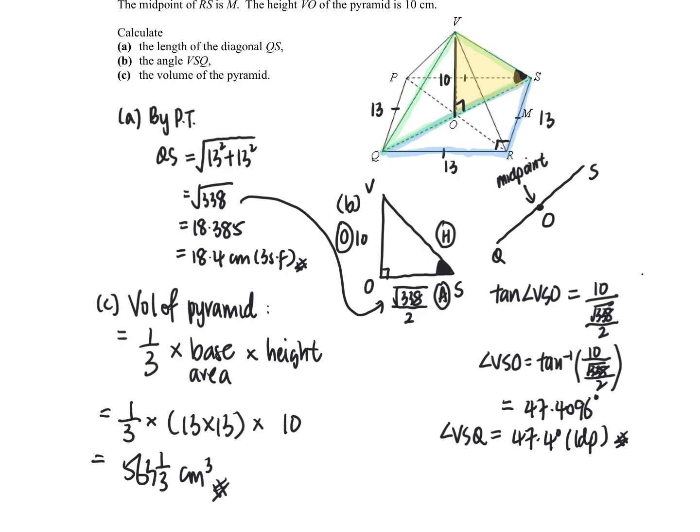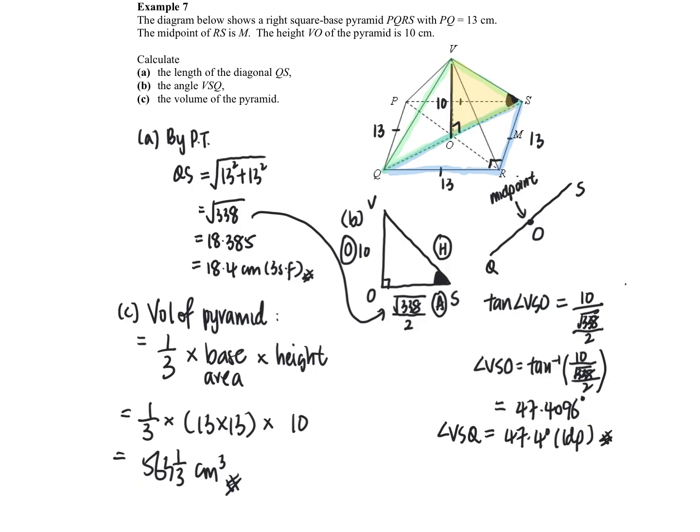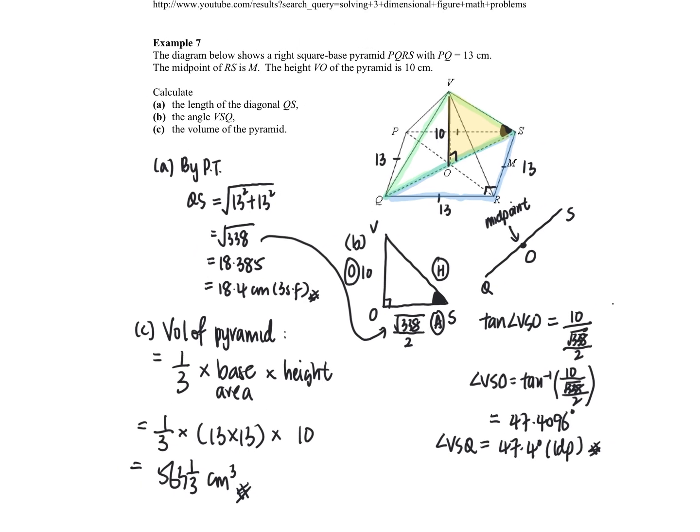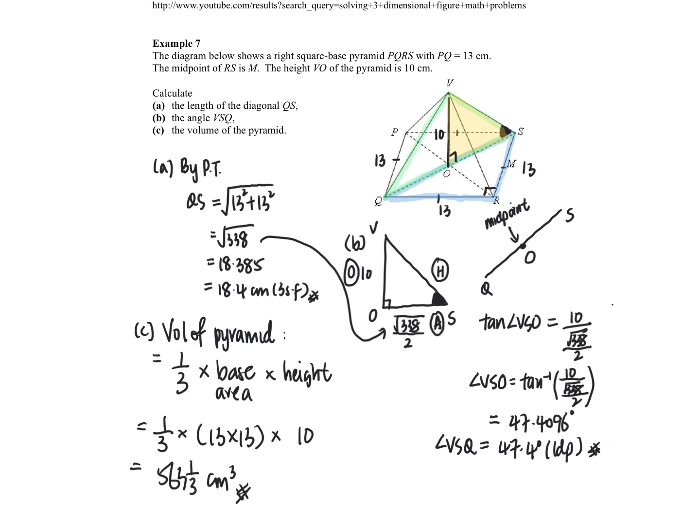SRQ is a right angle triangle because it's a square, so it will always be a right angle triangle. When they draw it like a parallelogram, you must still see it as a square, because the angles inside will be right angles. As long as you can see the right angle in the 3D shape, this subtopic is easy.